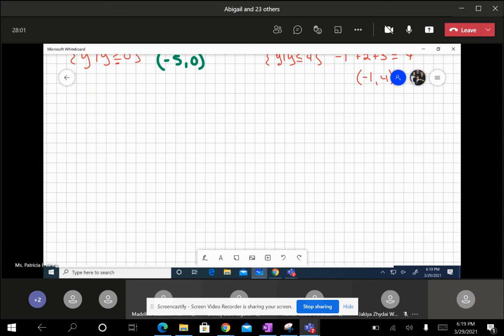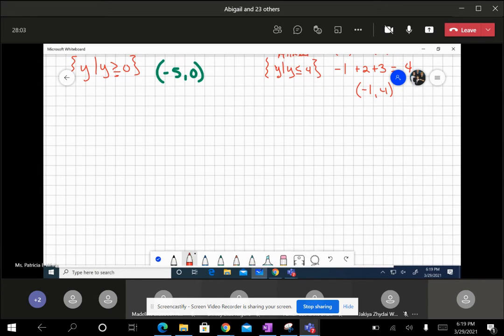Given a point, what does my vertex form look like on my equation? Right? H and K being the vertex.